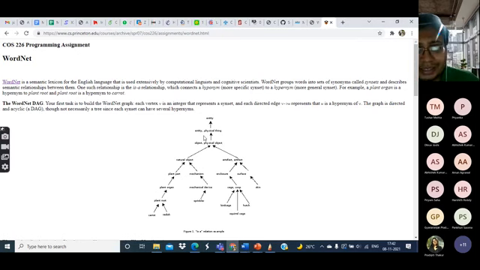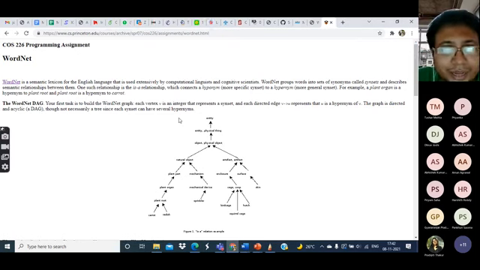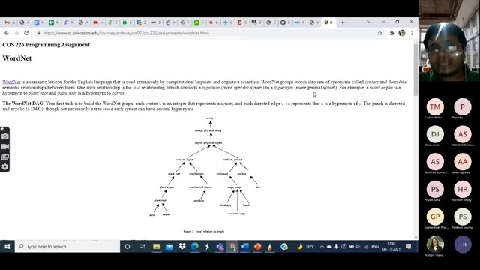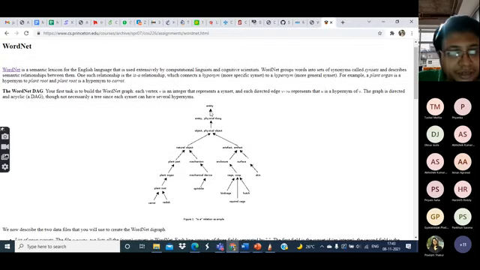That is what is known as hypernyms. There is this concept of hyponym and hypernym. Hyponym means a more specific synset, and hypernym means a more general synset. So that is what is indicated here.